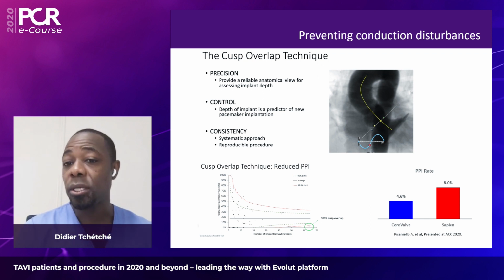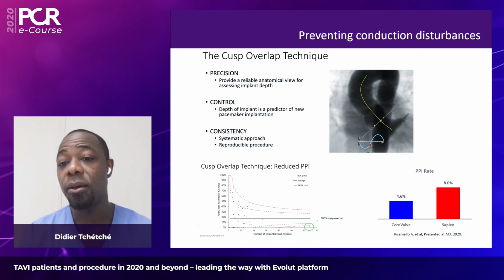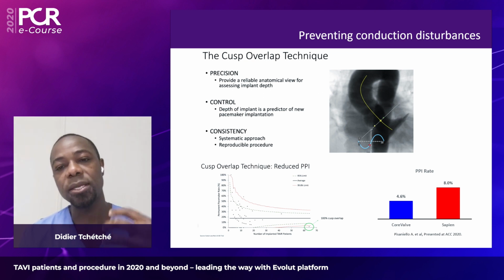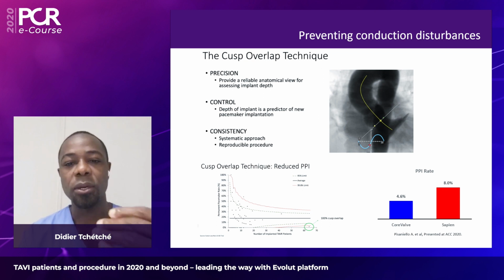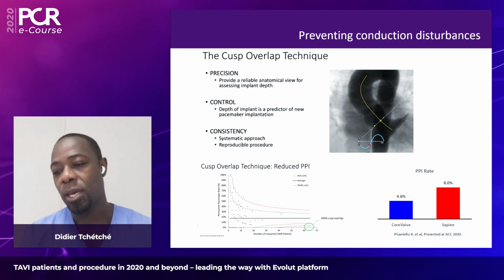It's quite interesting to see that in the centers that have adopted that technique, the final pacemaker rate can be below 5%, and 5% with that self-expanding platform is really a very, very strong outcome. It's a positive signal favoring early discharge for our patients. So probably, in a more contemporary way, the cusp overlap technique has to be implemented in daily practice.